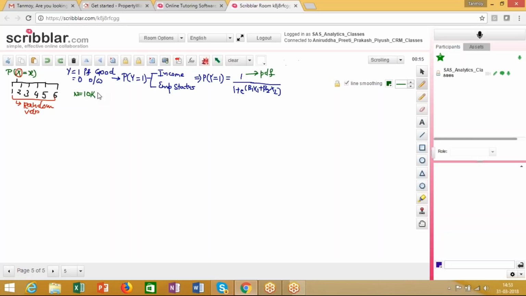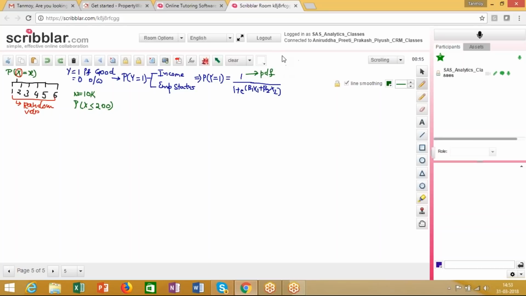So the bank wants to know what is the probability of getting defaults of, say, less than or equal to 200? What is the probability of getting default of x less than or equal to 200?